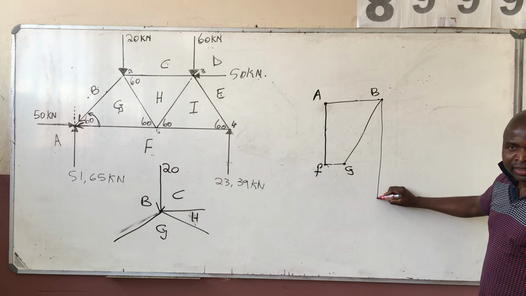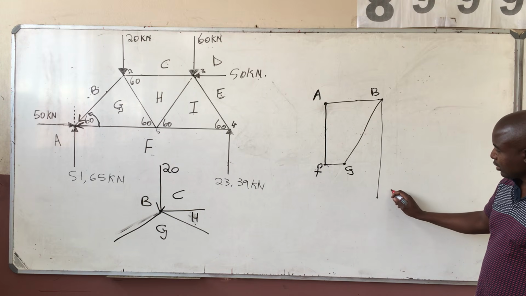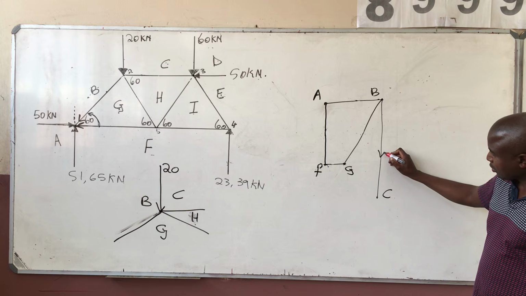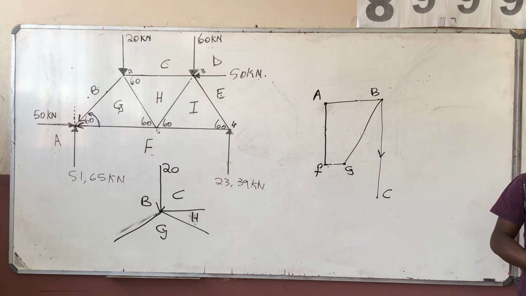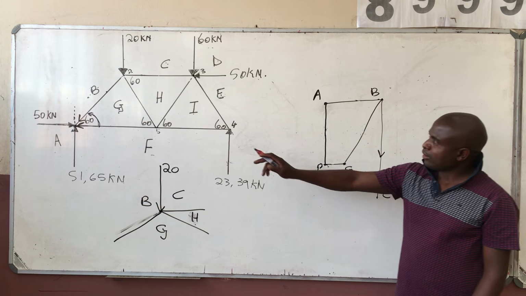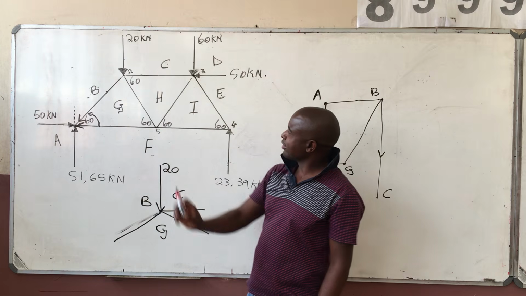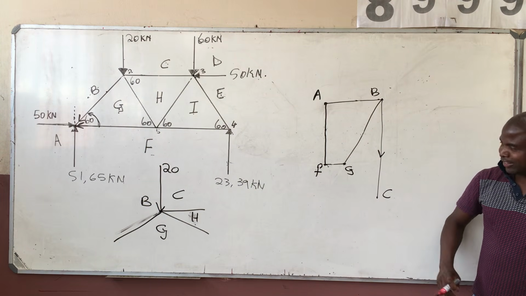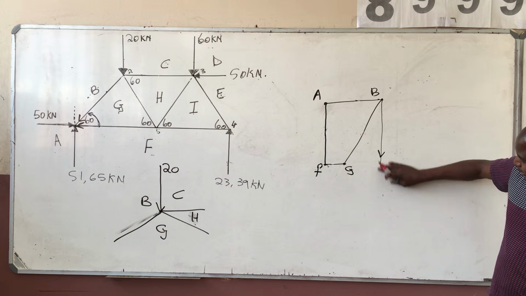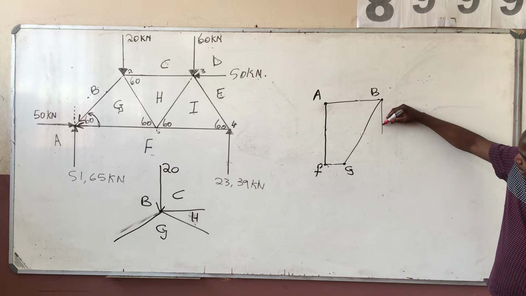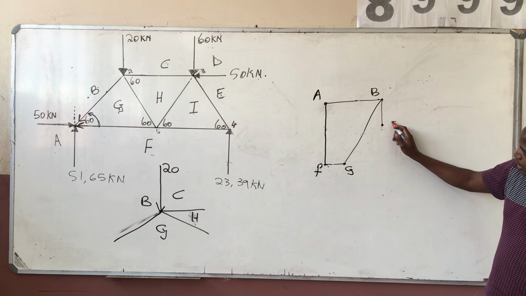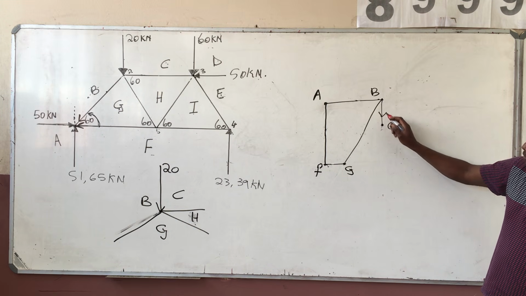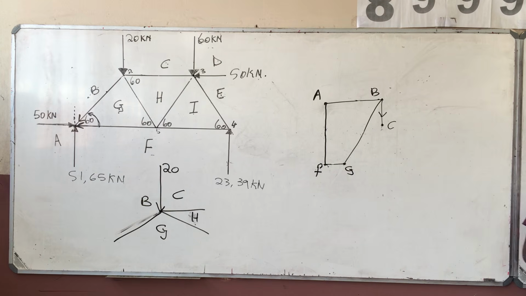Somewhere there, right? So here we have C going down. It's 20. I'm looking at this one. So 20 is somewhere here, right? Yes, 20 will be somewhere there. This one is C. Down.